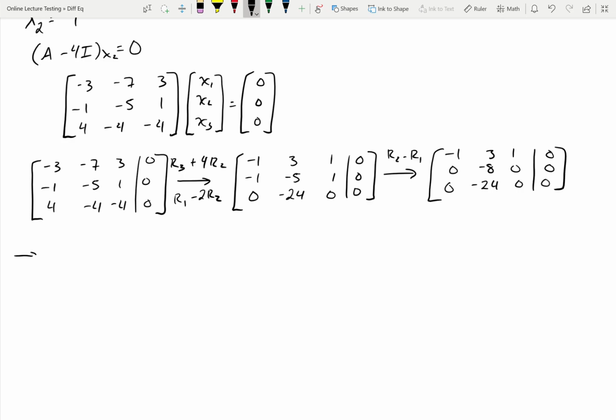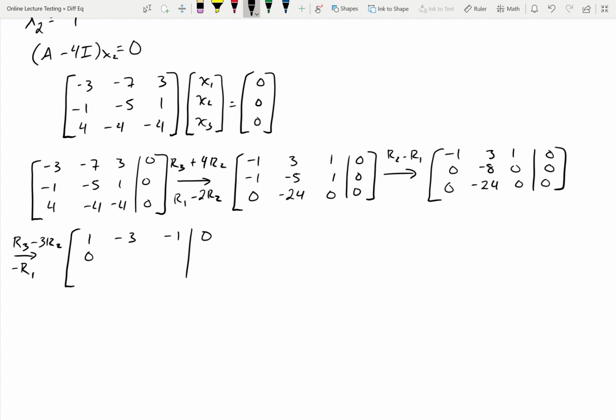All right. Next step, I am going to deal with the negative of row 1, so we get a positive 1 up there. And then I'm going to do row 3 minus 3 row 2. So that means I'm going to get 1, negative 3, negative 1, 0.